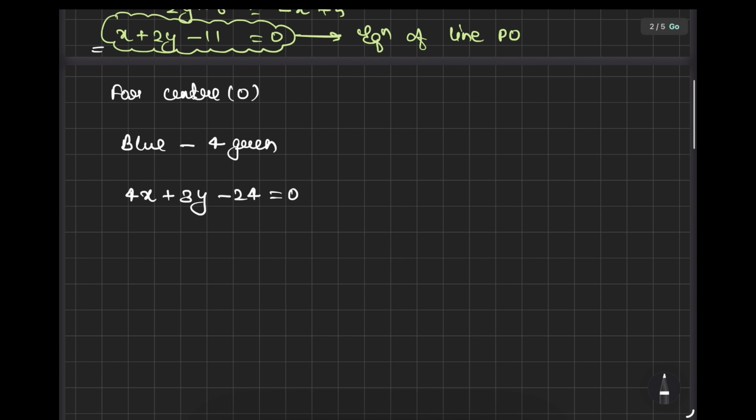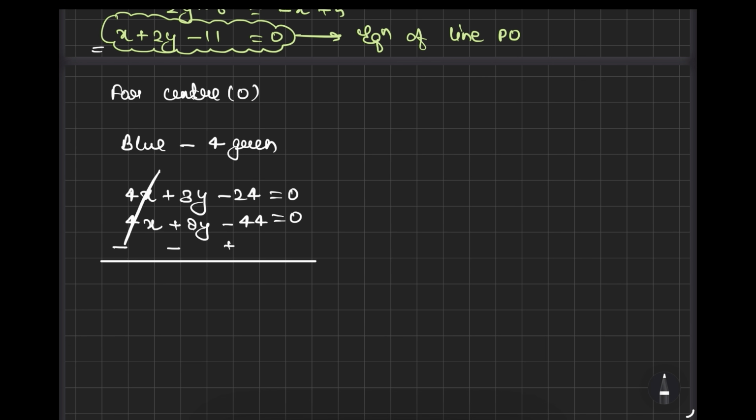Now this is 4 times: 4x plus 8y minus 44. As we are doing subtraction, change the sign. Now 4x is gone, so we are left with minus 5y plus 20. So we got y as 4.